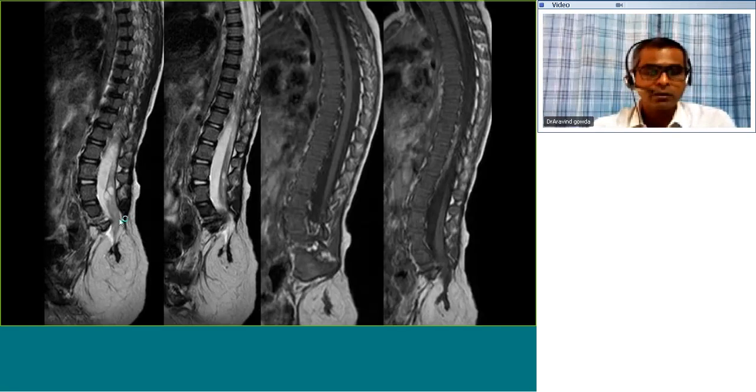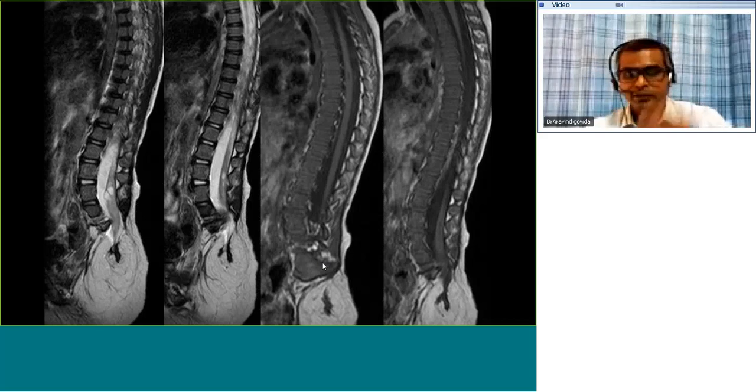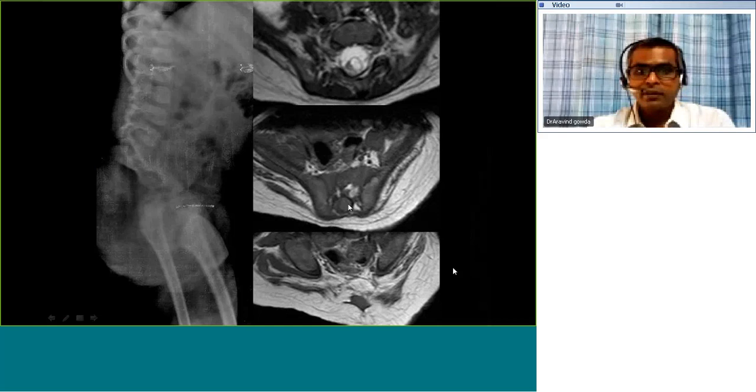But in these cases, there may be tethering of the cord, due to which there will be low lying of the cord, and it can lead to abnormalities secondary to that. So this is the axial image. You can see the cord is seen even at the sacral level at this point. That is due to the tethering and low lying of the cord.